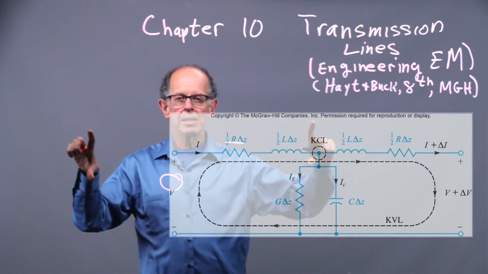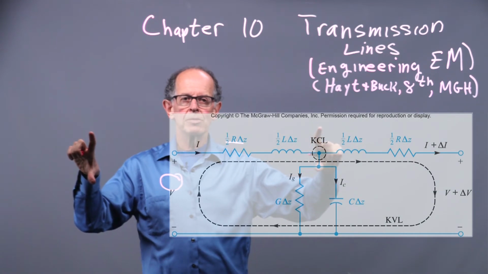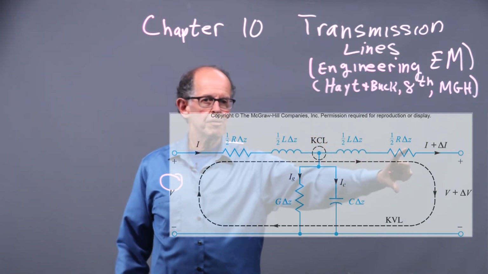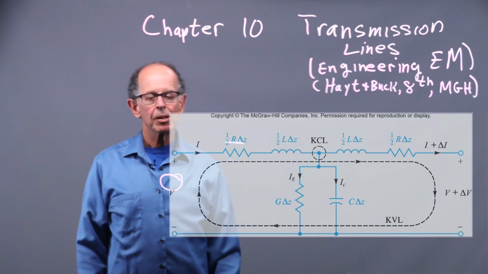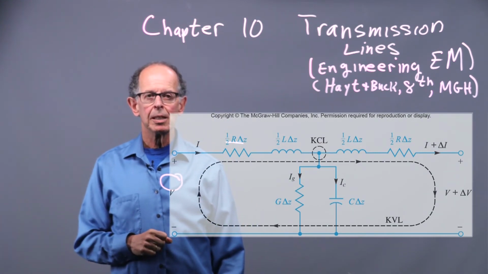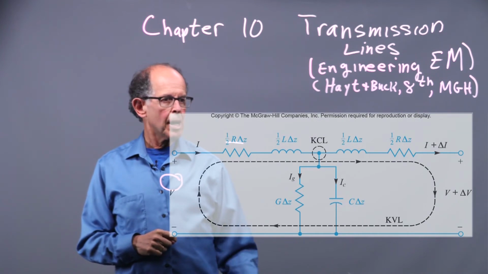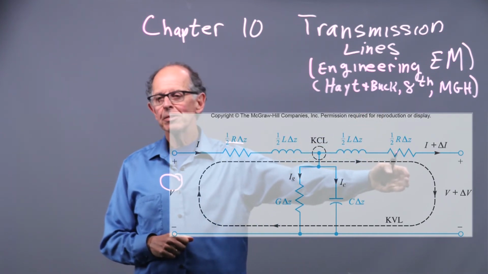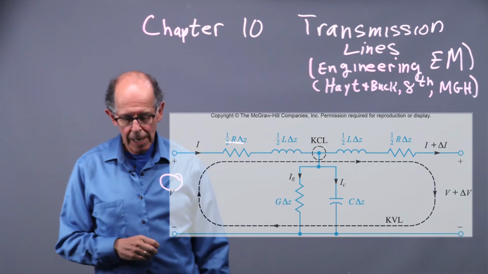As it goes through that little circuit element that I've described, we have V plus delta V. Current is diverted at the nodes, so we have entering current on the left, and on the right, we have a different current, I plus delta I.